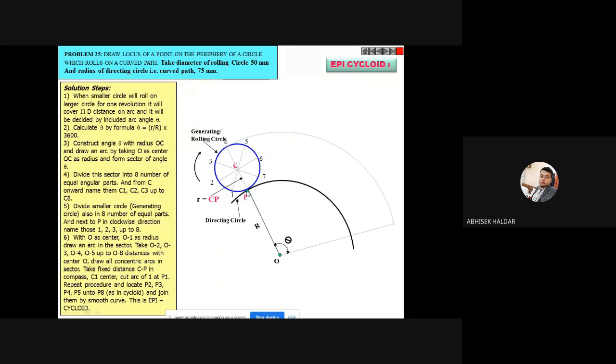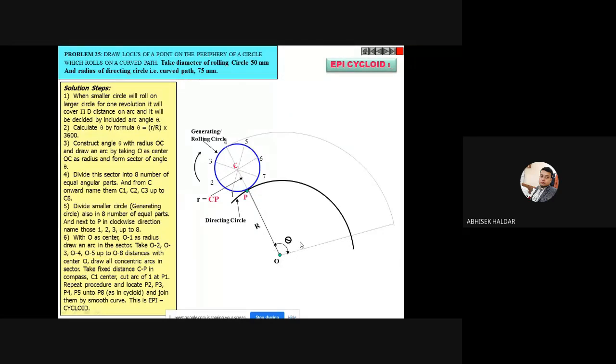After one full revolution, my rolling circle will be somewhere over here. Up to that position I need, and that movement creates a sector of a circle. In other words, it will create an angle at the center point.